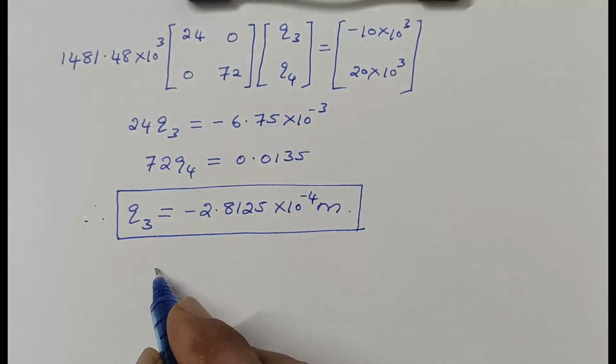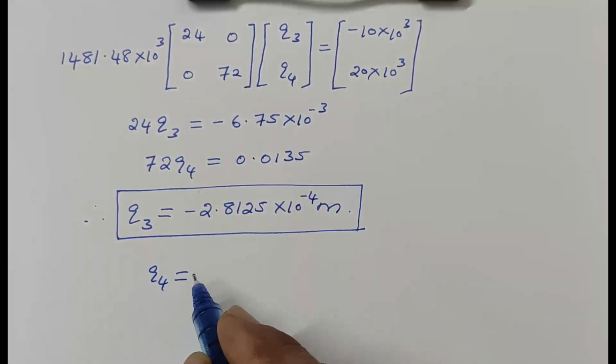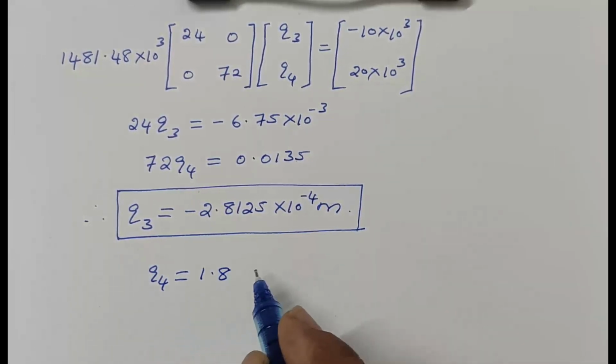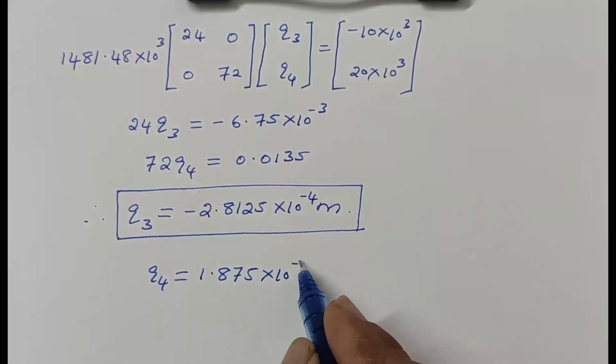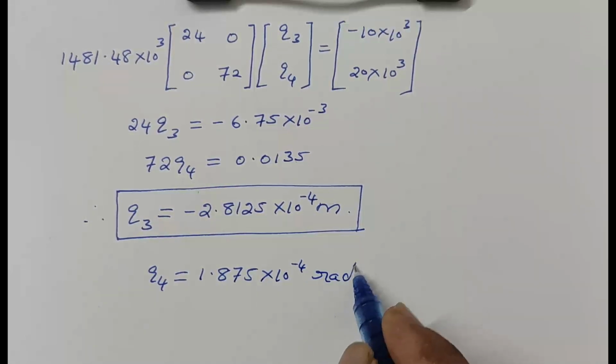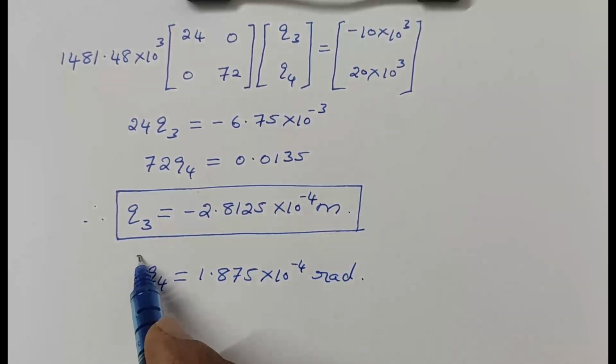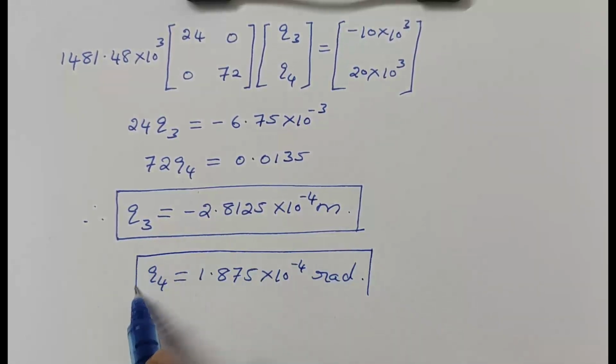And Q4 is 1.875 into 10 power minus 4 radian. This is slope at node number 2.